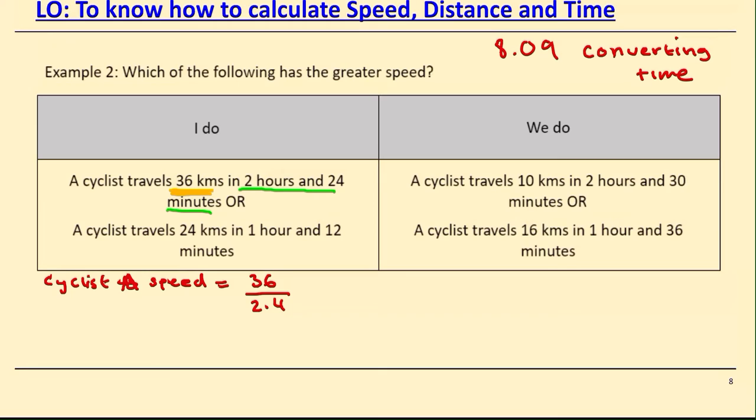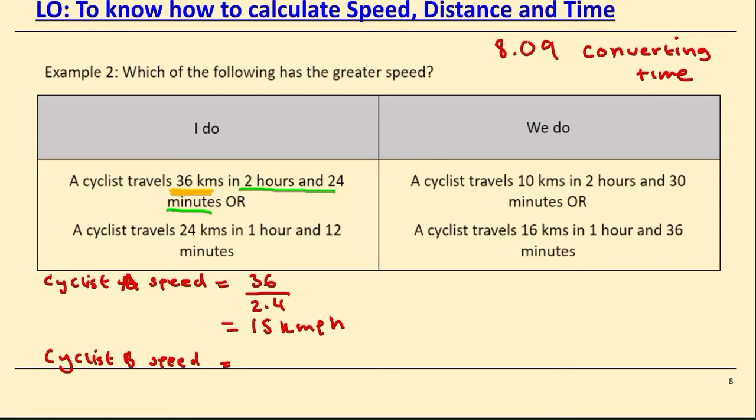Moving forward, you're going to do 36 divided by 2.4, and that gives you 15 kilometers per hour. Now we're going to calculate cyclist B speed.